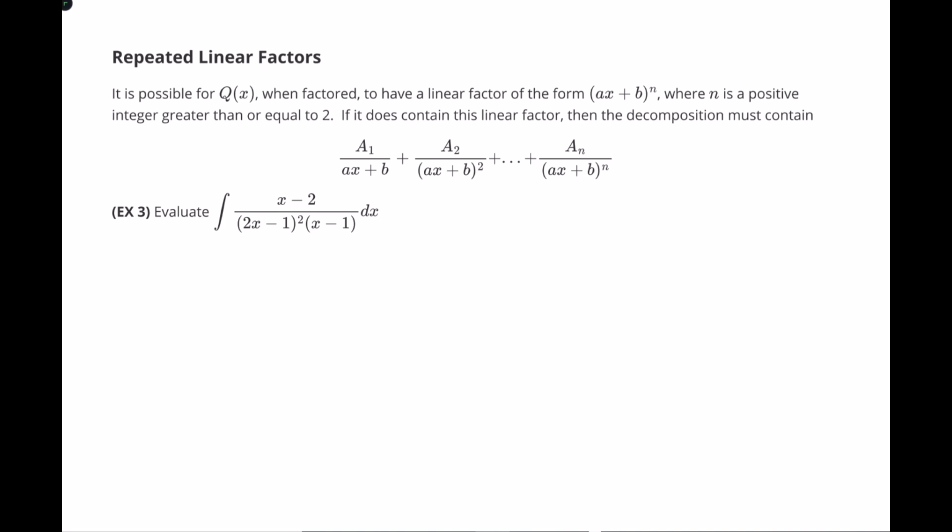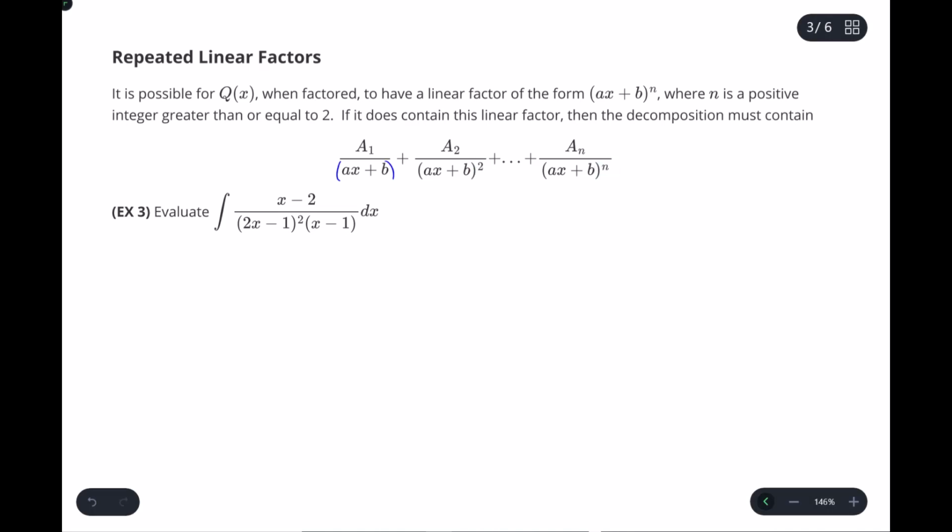So for instance, if you look at this particular setup here, I have some linear factor in the denominator, which is ax plus b, and then the same one, which is ax plus b squared, and it can go all the way up to any value n.